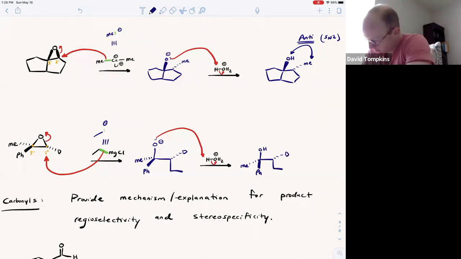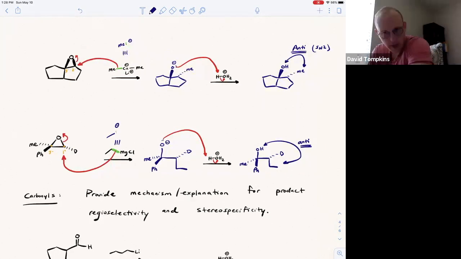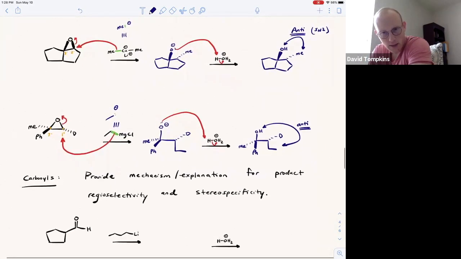And once again, the hydroxyl and ethyl are anti to one another. So those are the reactions with epoxides.